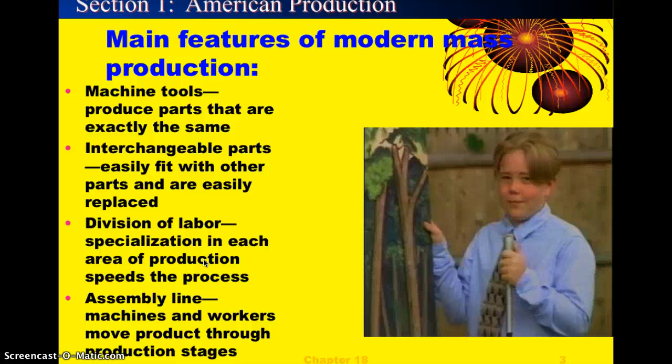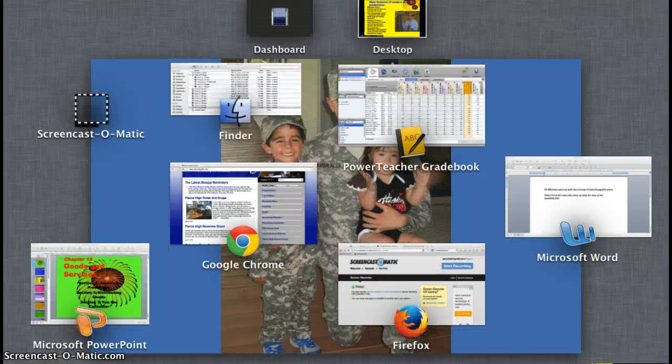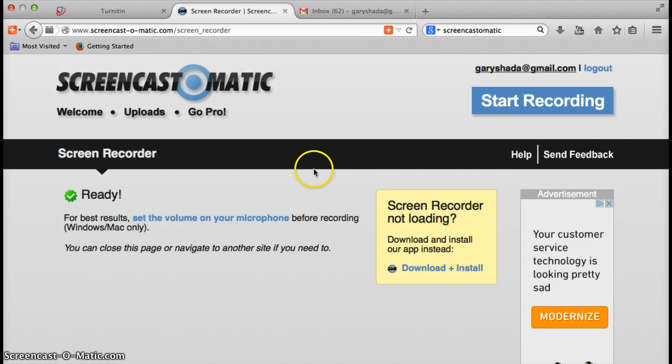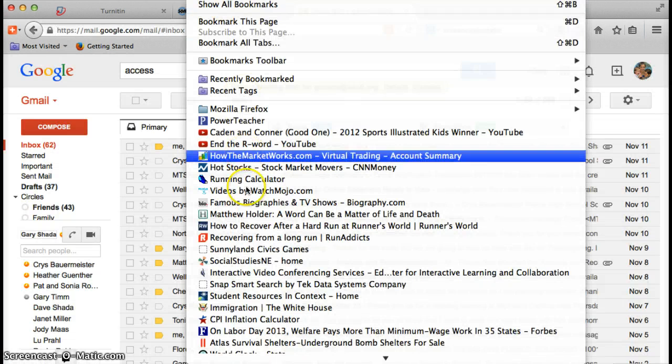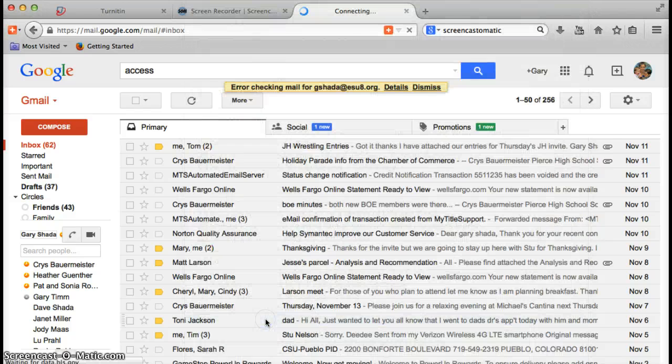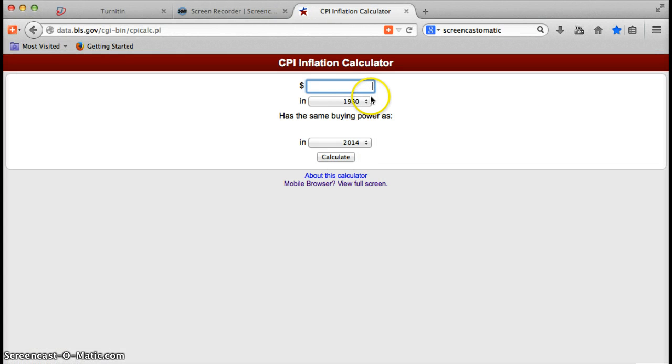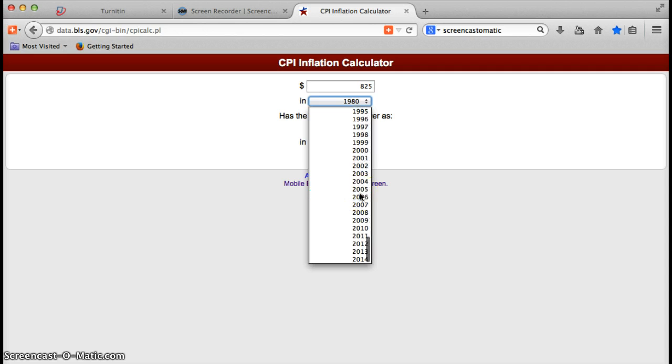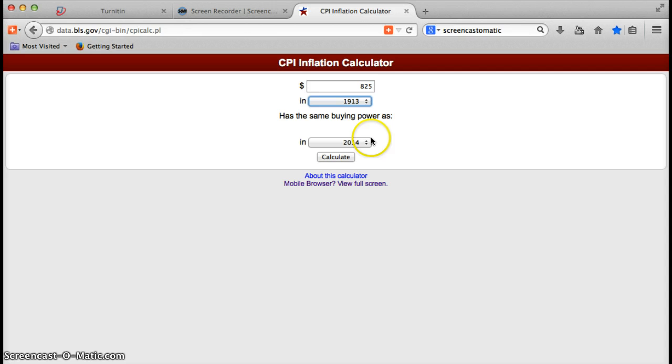So in 1908, a Model T cost just over $800. Now in today's society, that sounds like it's very cheap. However, if I go to what's known as an inflation calculator, I can show you that $825, which is basically what a Model T cost back in 1908, but I can only go back to 1913.